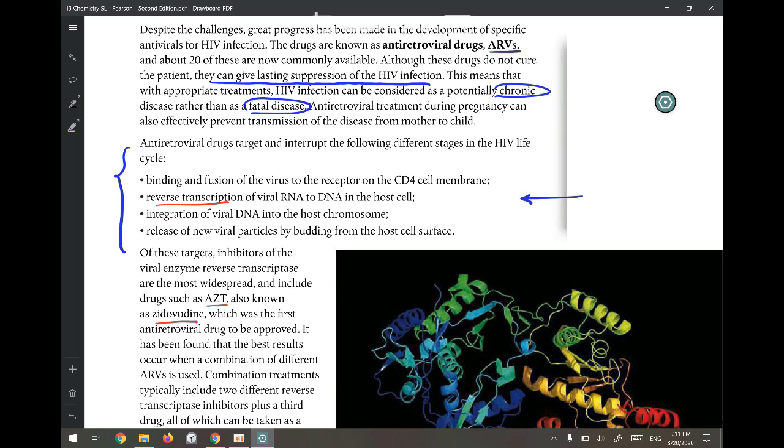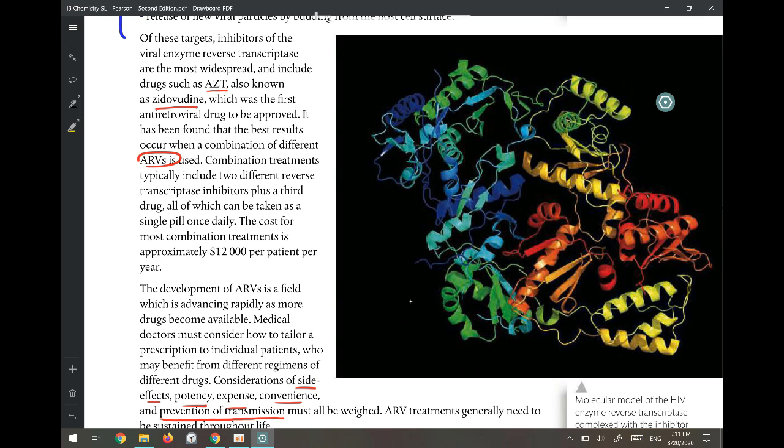But for treating HIV, usually a mixture of these ARVs is given. They typically include two different reverse transcriptase inhibitors and one of the other types of ARV drugs. But the cost is very expensive. Annually, patients must take around $12,000 of medicines.